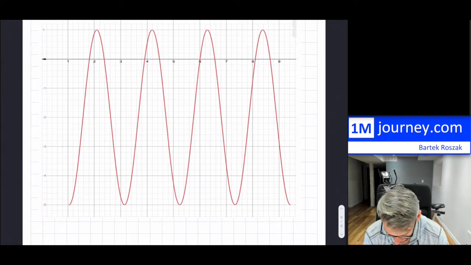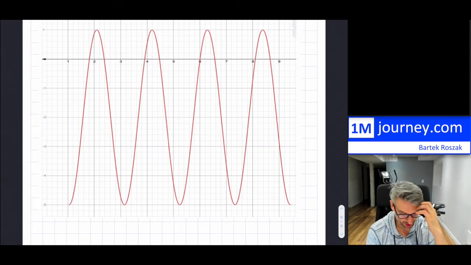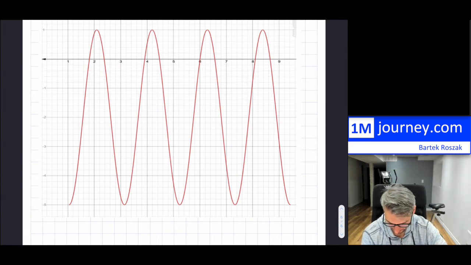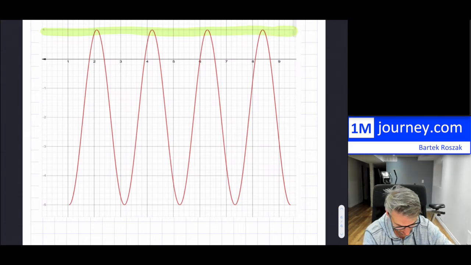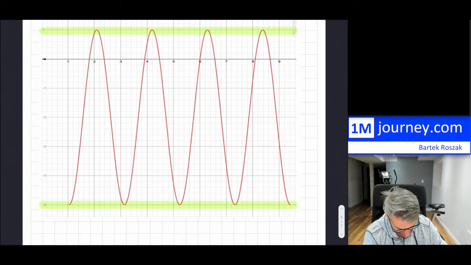Because we are working with sine, what you want is to take one cycle, right? So we're going to try to find one cycle here, and that's the first thing that we'll do. In order to find that one cycle, notice it goes from 1 up top there to negative 5 right here.